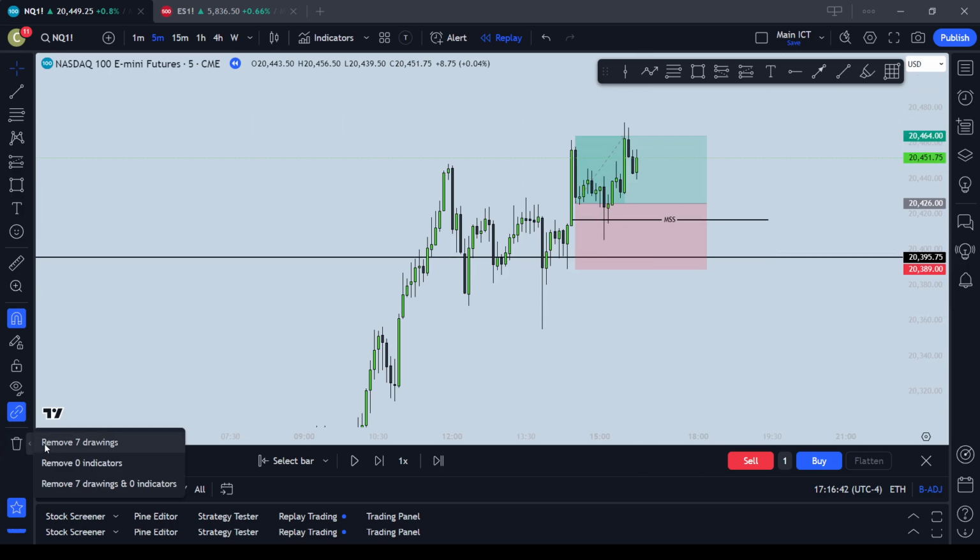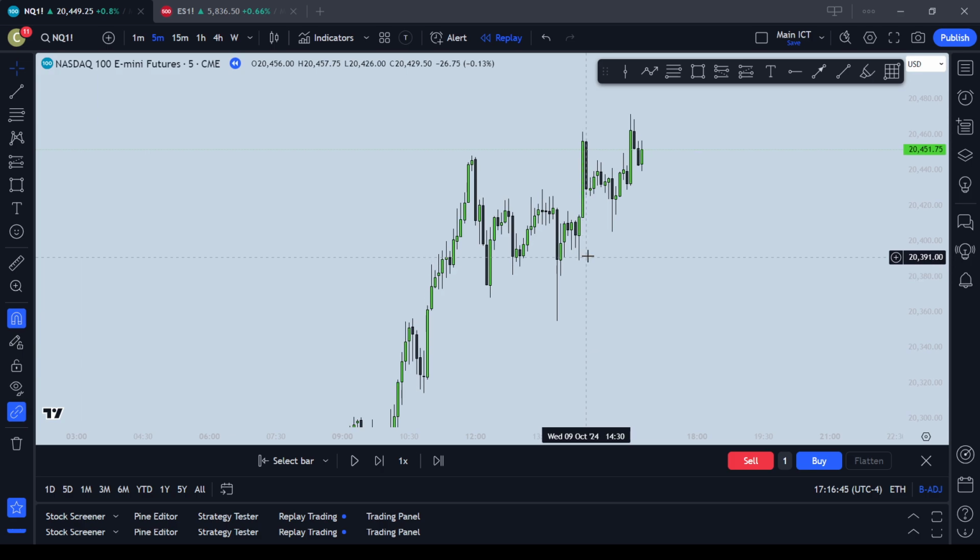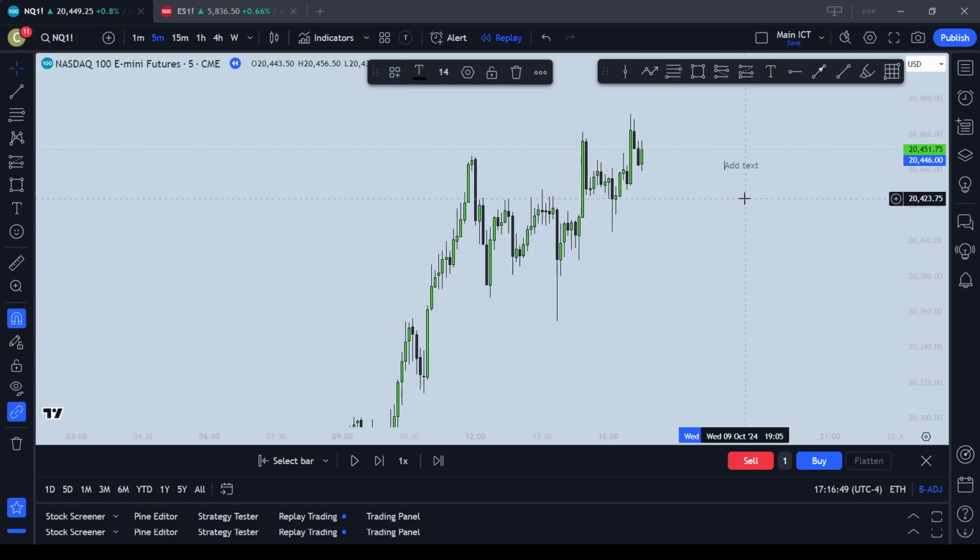Here's the thing, guys. Going forward, I will be trading the silver bullet model, okay? And let me just line out what the silver bullet model is one more time. Silver bullet model. You're on the 5-minute time frame. From the times of 10 a.m. to 11 a.m. Eastern, as well as 2 to 3 p.m. Eastern.